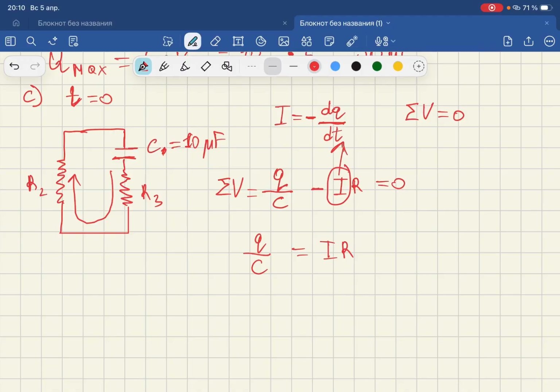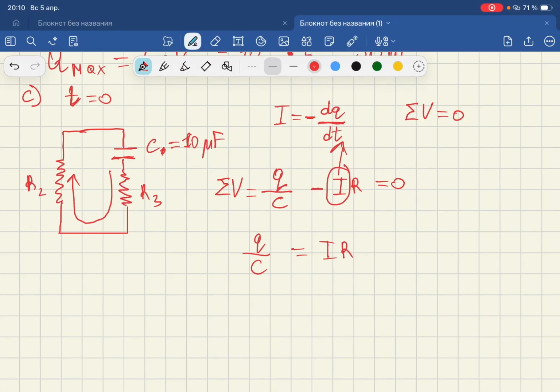It will be given off as heat in the wire. Let's write this equation for that current. Q divided by C equals minus dQ over dt times R.